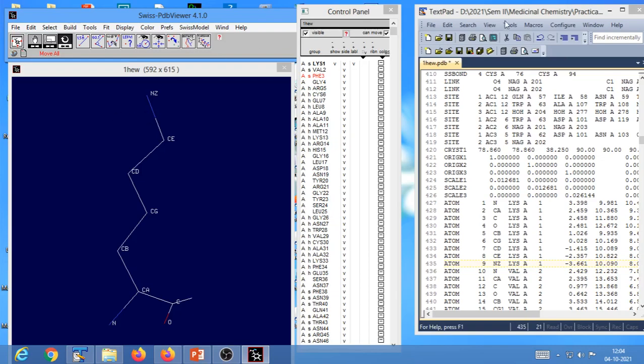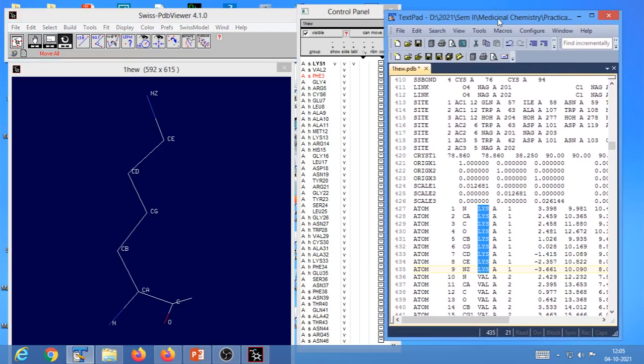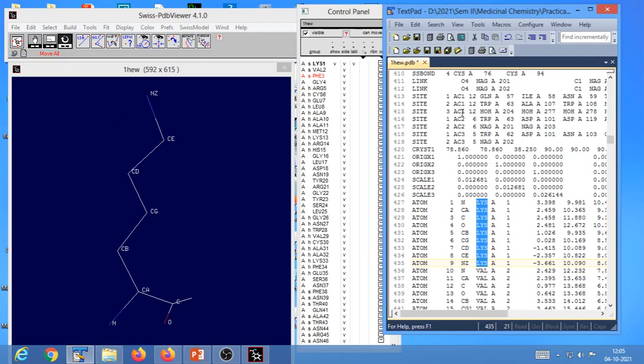Well, now let us come back to the text information. So this is how the structural data is arranged. Conventionally, when you represent any protein molecule, it is represented from its N terminus to C terminus.